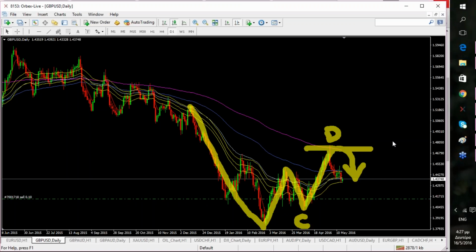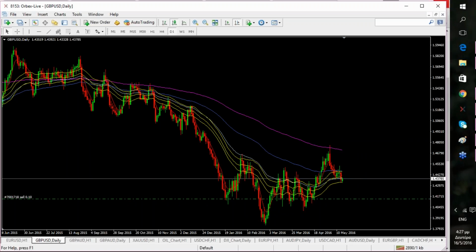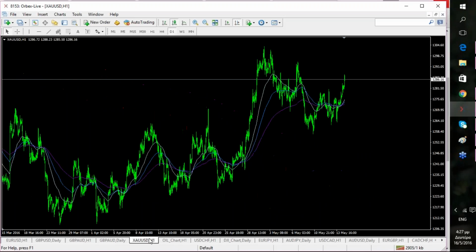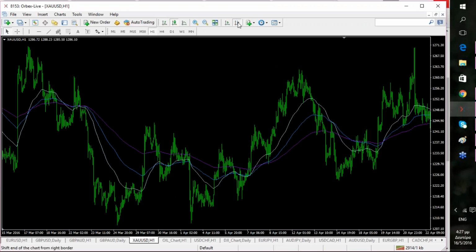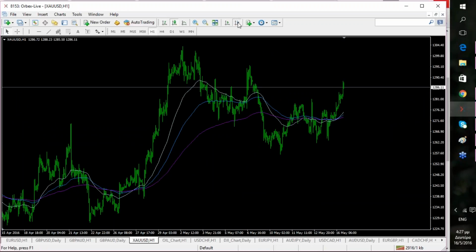A lot of traders have been asking me about gold, and I want to point out something about gold for today. Give me a second. Let me erase all these drawings. Once you've got your pairs that you want me to look at, we can take a look at that. But for now, we'll go into gold just to give you a bit of pointers. Now gold, there's an interesting find in terms of pattern. I'm looking at the 1 hour chart for gold.